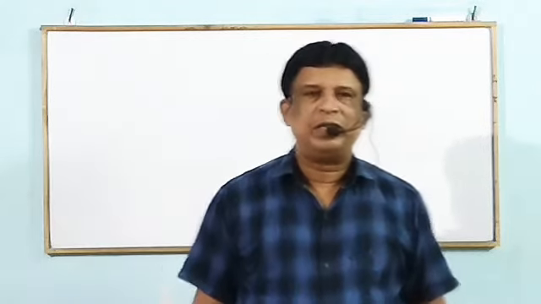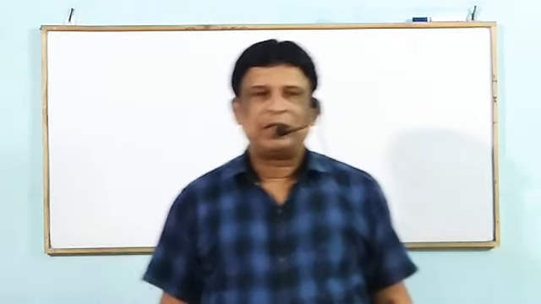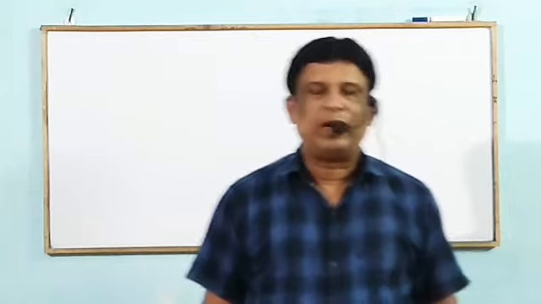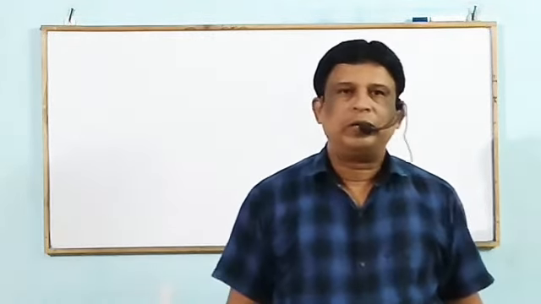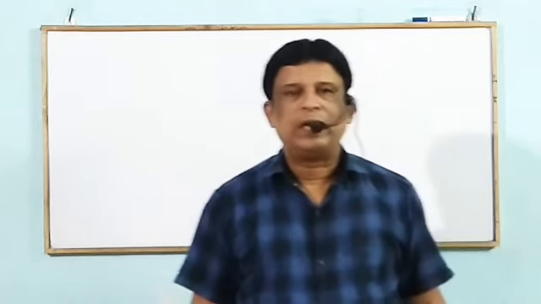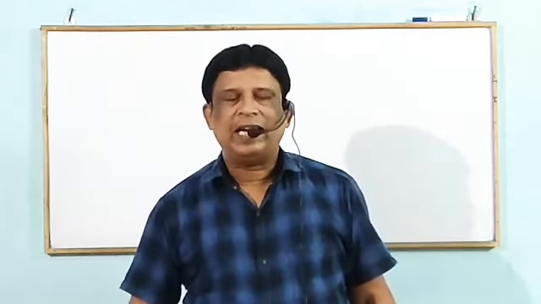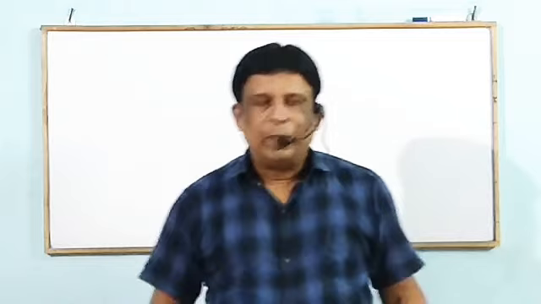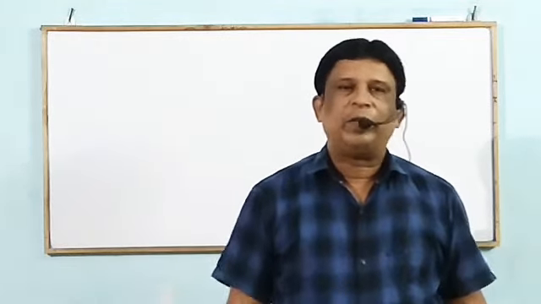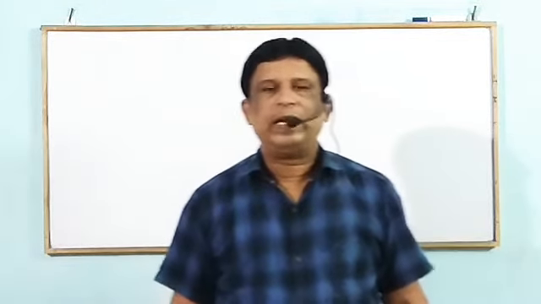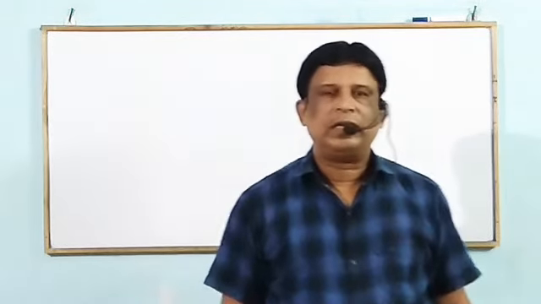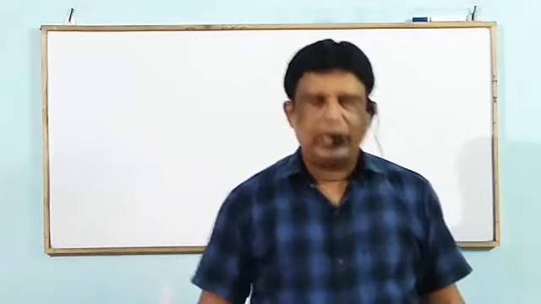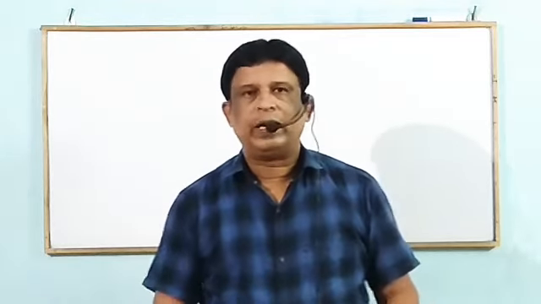Good morning, students. In the previous class, that is class 1 of the chapter Chemical Kinetics, we already covered the introduction part. What is chemical kinetics? Depending upon the rate of reaction, the division is of three types: very fast or instantaneous rate, moderate rate, and slow rate reaction.